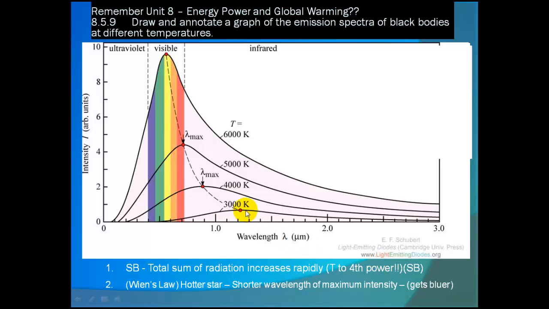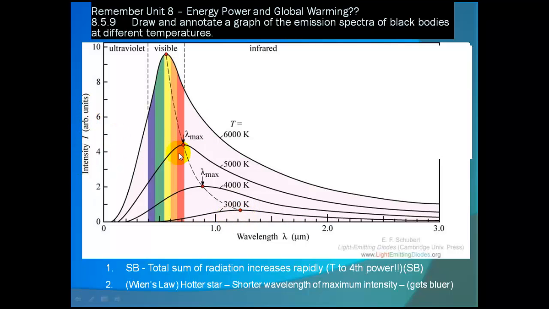In other words, this is 3000, this is 6000, the 6000 is going to be 2 to the 4 times as bright. 2, 4, 8, 16 times as bright. It means that the area under this graph is going to be 16 times as much as the area under this one, because this is the intensity, this is the brightness.